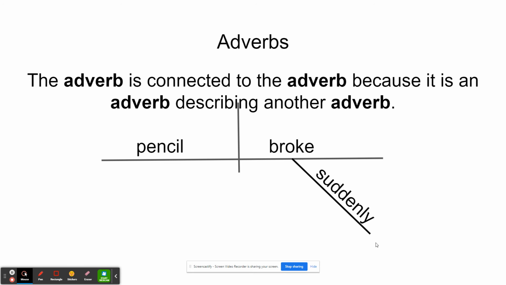So we diagram it under the verb because it describes or modifies the verb. How suddenly? Quite suddenly. An adverb describing an adverb. So we hook it just like that. The arm coming out, adverb describing an adverb.